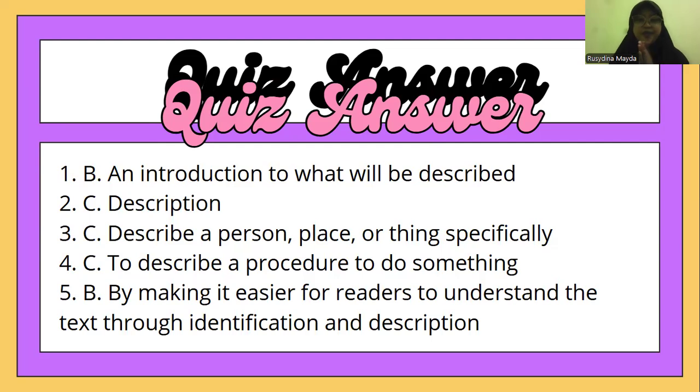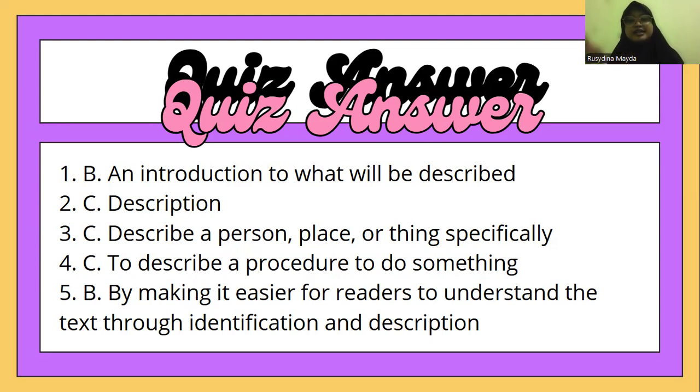Good job, everyone. I will give you the answers to the quiz that we learned today. Number one is answer B, an introduction to what will be described. Number two, the answer is C, description.